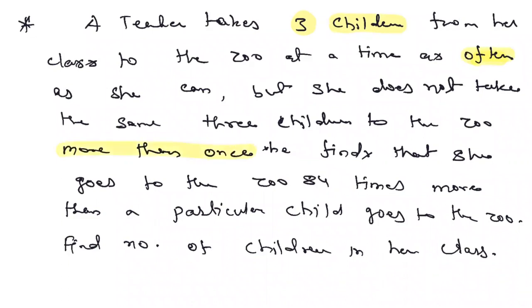So the same combination will not go again. Suppose the total number of children in her class is n. So in how many ways can she select 3 kids out of n?